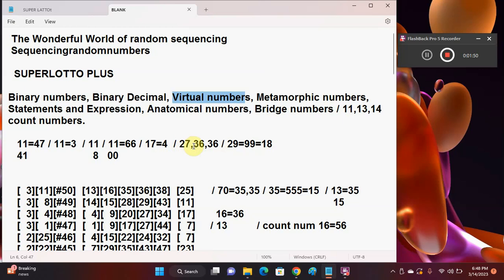And one way 72 is represented, because this is Super Lotto Plus, the numbers are way above, because I think the highest number is 48 here. But anyhow, this 27 represents 72 in virtual mode, and so that's how you would get a 36 sequence.